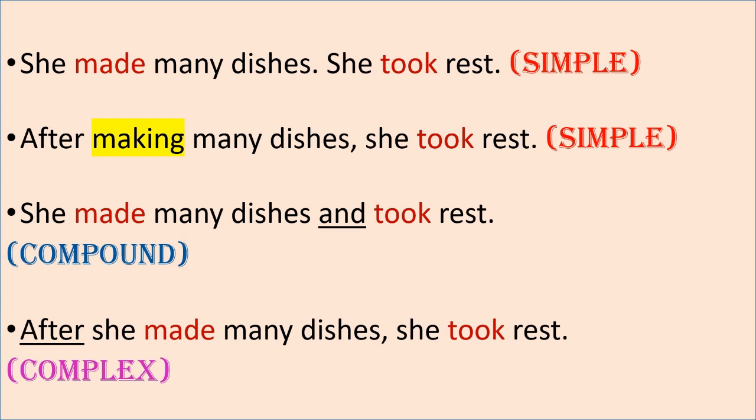She made many dishes and took rest. Or she cooked many dishes and took rest. After she made many dishes, she took rest. After she cooked many dishes, she took rest.